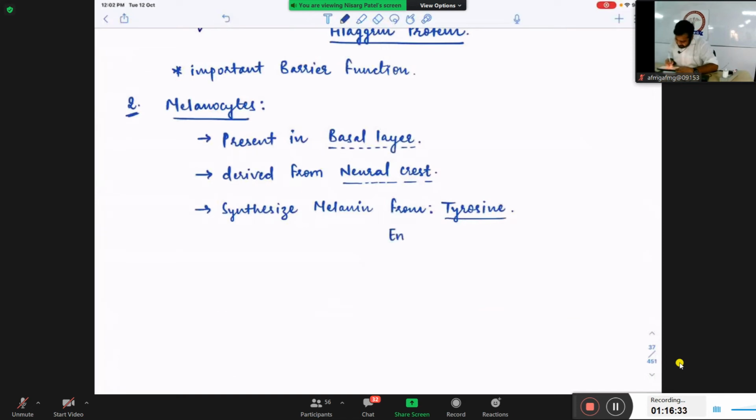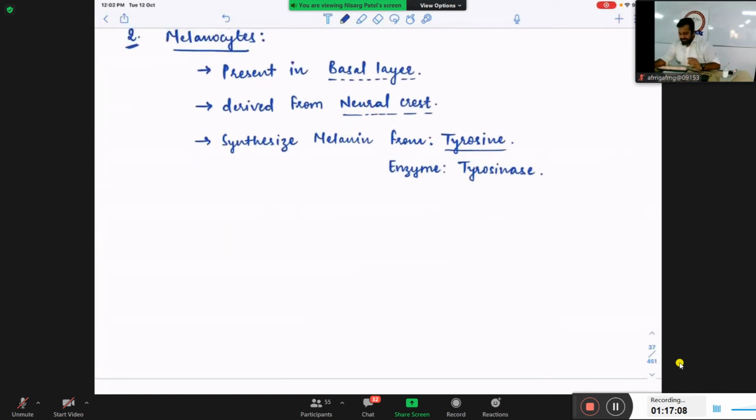Which enzyme is required? Any disease in which tyrosinase is absent? Albinism, right? In albinism, tyrosinase is absent. So the tyrosine amino acid is present, but the cell will not be able to make melanin. So the patient will have whole body depigmentation.